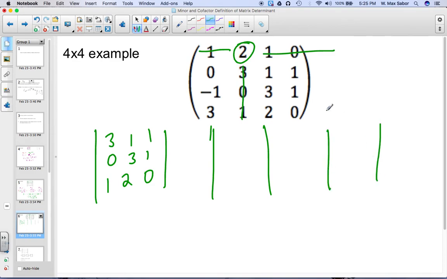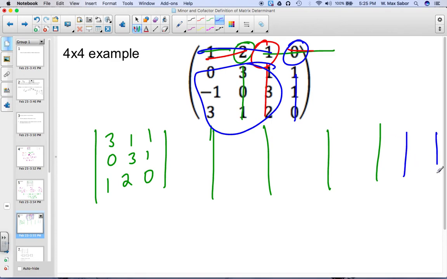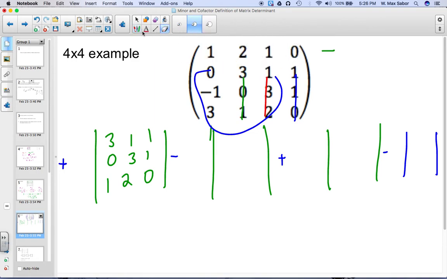I'll have this determinant by crossing out from here. And then I'll have a last one by crossing out from there. And that'll be that. So I'll have 4 of these. The cofactor here will be positive, negative, positive, negative. And then I take the dot product with the original vector, so 1, 2, 1, 0.